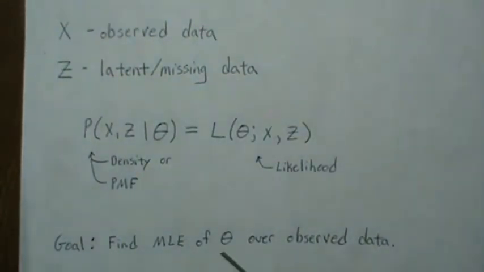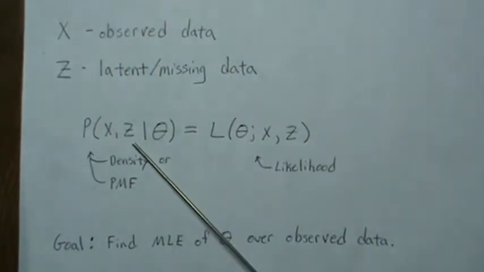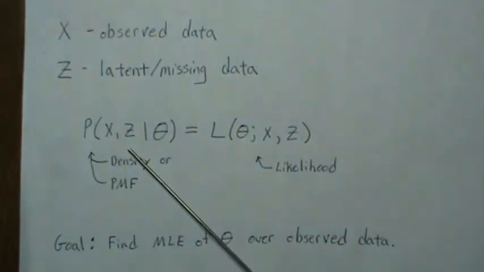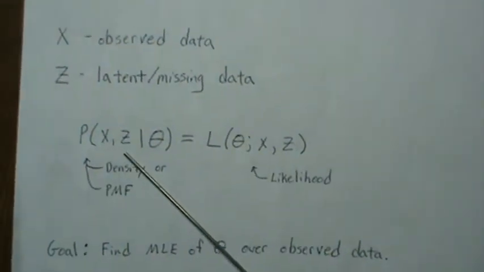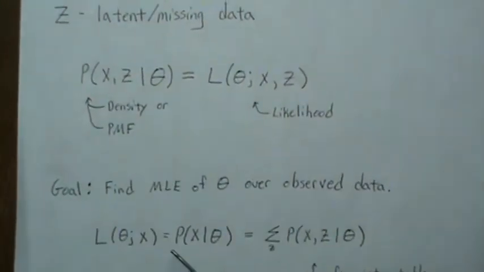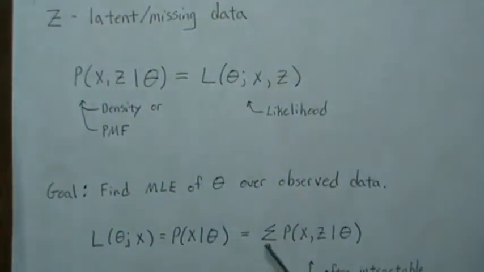find the MLE, the maximum likelihood estimator, of theta, which is our unknown parameter, over the observed data only. See, the Z complicates things because we don't know what it is. It's unknown. So what the EM algorithm does is it takes our joint density, or I'm going to work with the probability mass function.